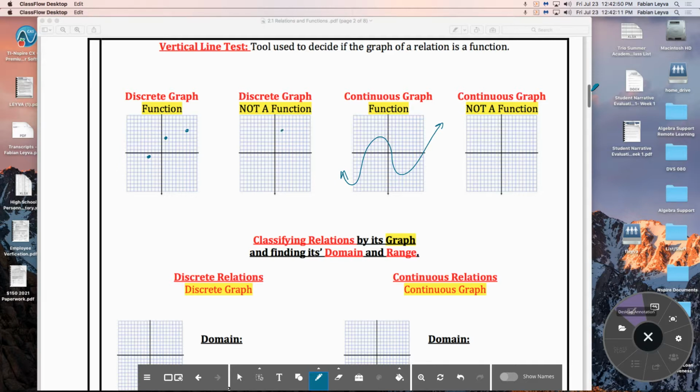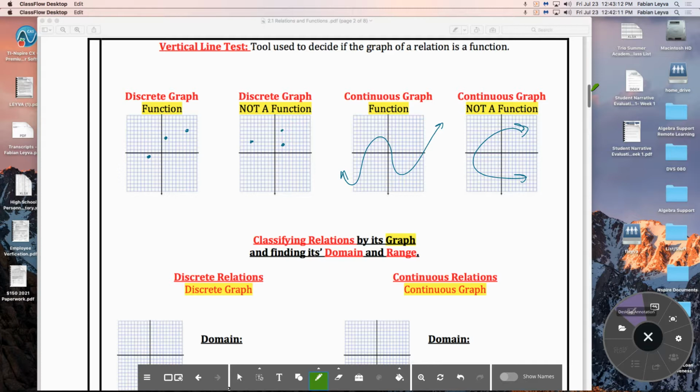Now, to figure out whether a discrete or continuous graph is a function or not, we're going to use a basic tool to help us out. Let me show you what that is while I write these down. So here are two examples of discrete graphs. One is a function, one is not. Notice I have two continuous graphs there. One is a function, one is not.